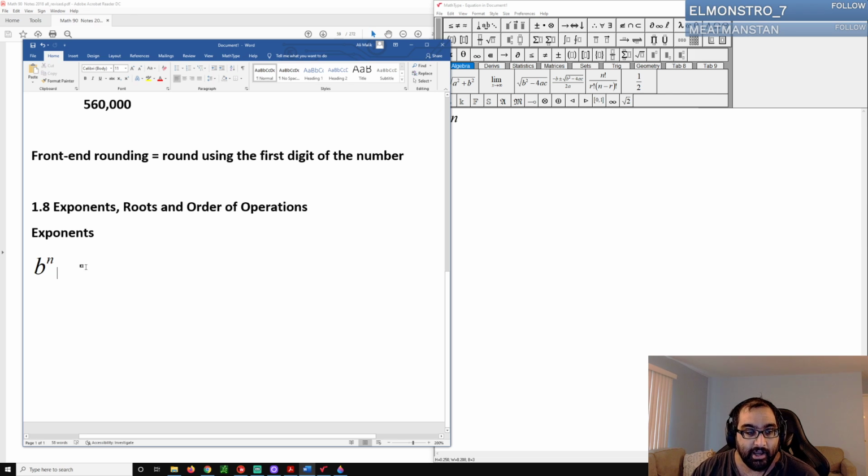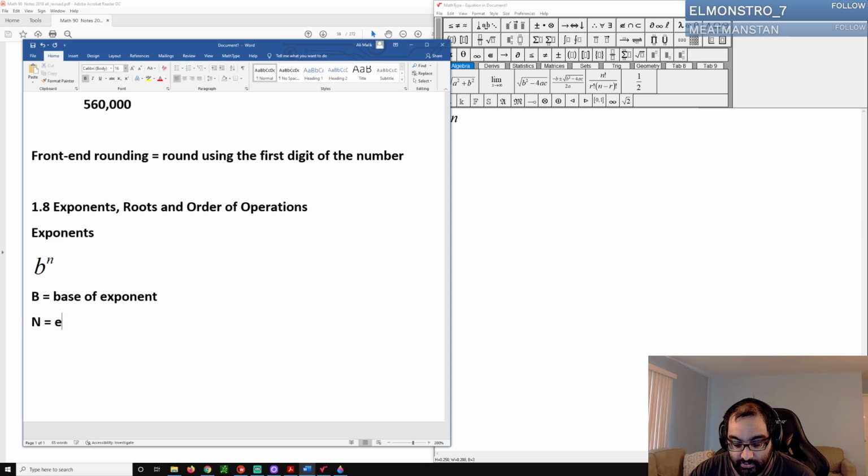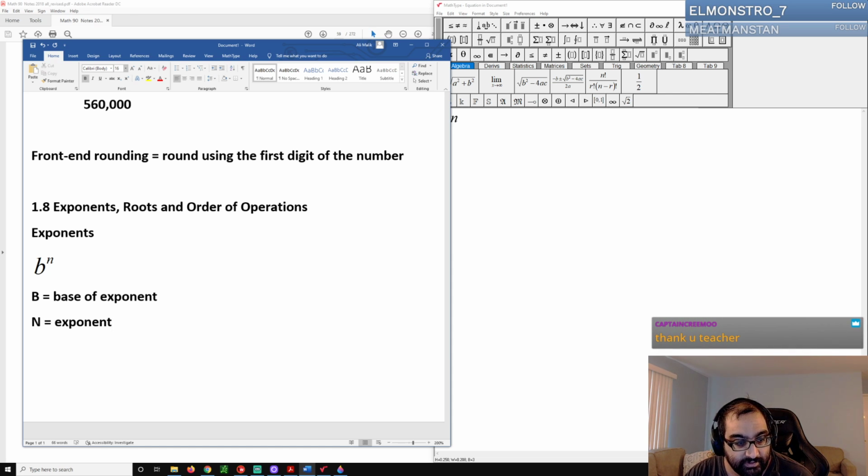Now, we do have a name for each of these, so I wanted to point this out. B here is specifically what we call the base. So this is the base of the exponent. And then n is going to be the exponent itself. Okay, so that's what each one of these is.